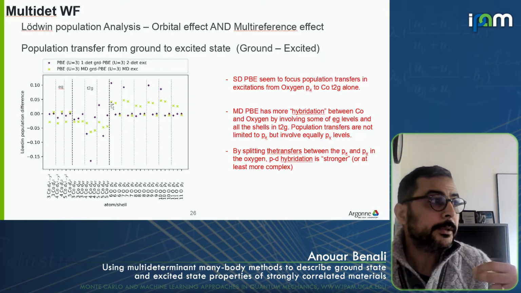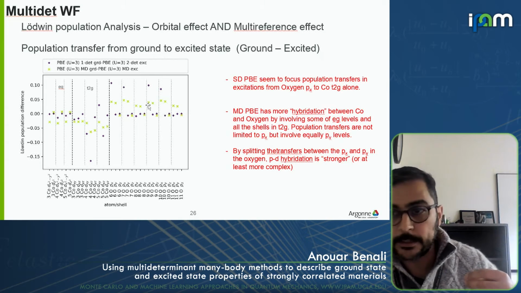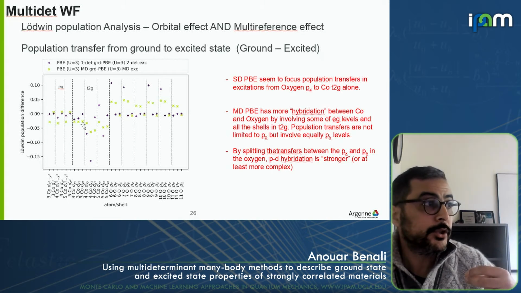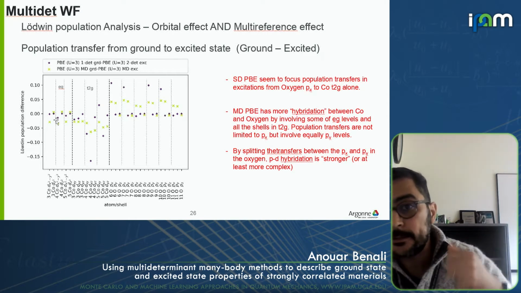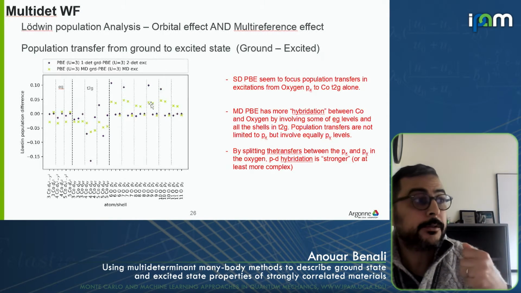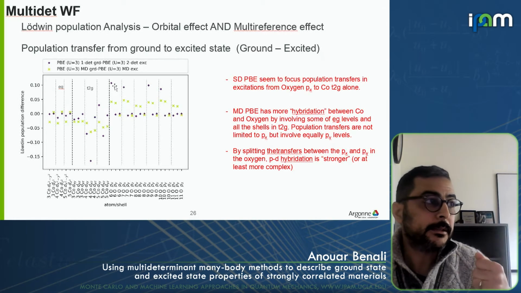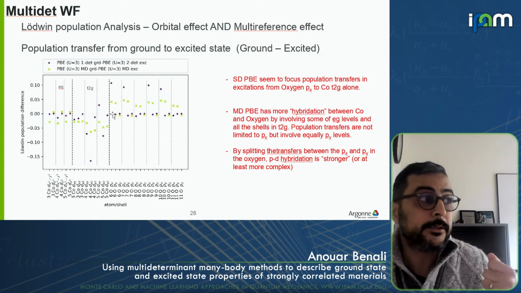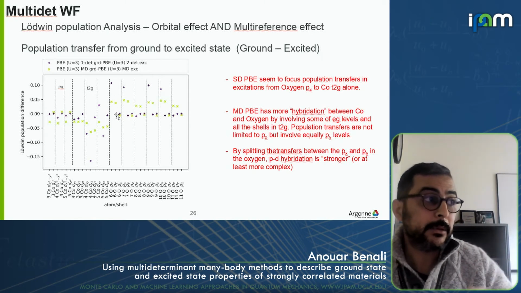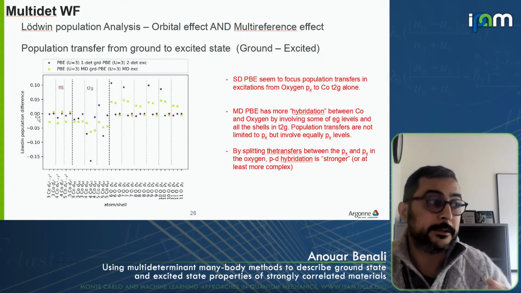With the multi-determinant, we can see that there is some level of transfer: the oxygen orbitals are giving an electron to the T2G and to the EG. So the band gap is not just T2G to EG. Orbitals from the oxygens are involved. Also, single determinants seem to say that only the PX orbitals are involved, while multi-determinant says, no, it's PX and PY that contribute, and they are contributing to multiple levels here.